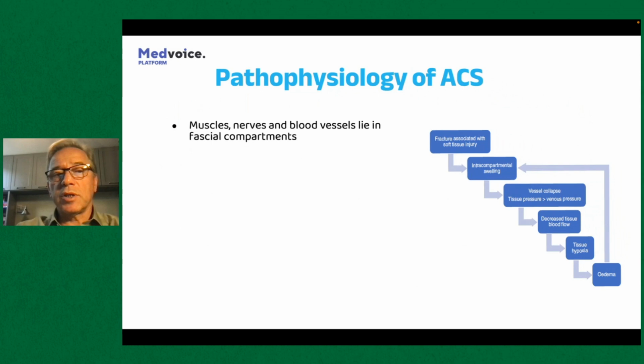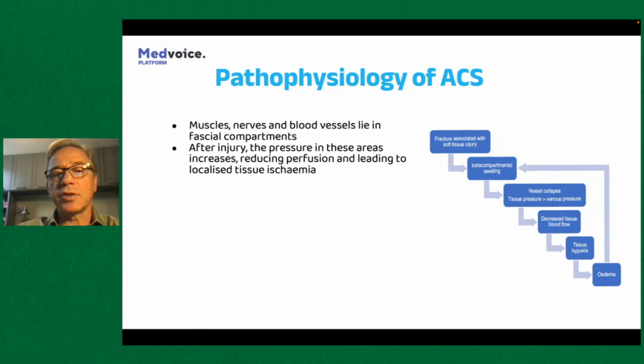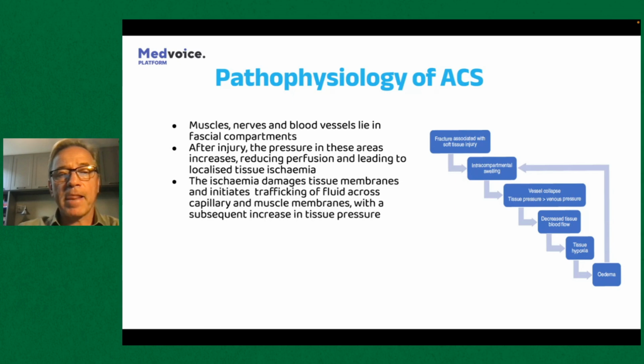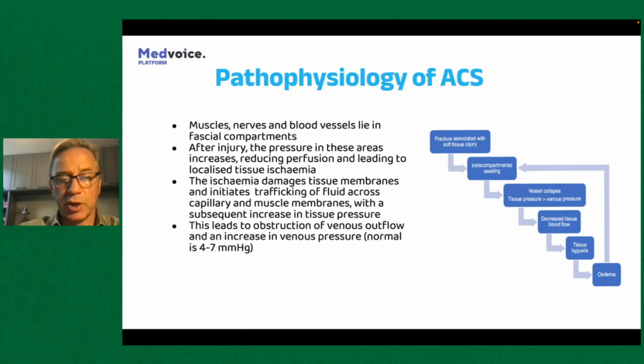What's the pathophysiology? Muscles, nerves, and blood vessels lie in those compartments, and after injury the pressure in these areas increases, reducing perfusion and leading to localized tissue ischemia. The ischemic damage of tissues and membranes initiates trafficking of fluid across the muscle and capillary membranes with subsequent increase in tissue pressure.